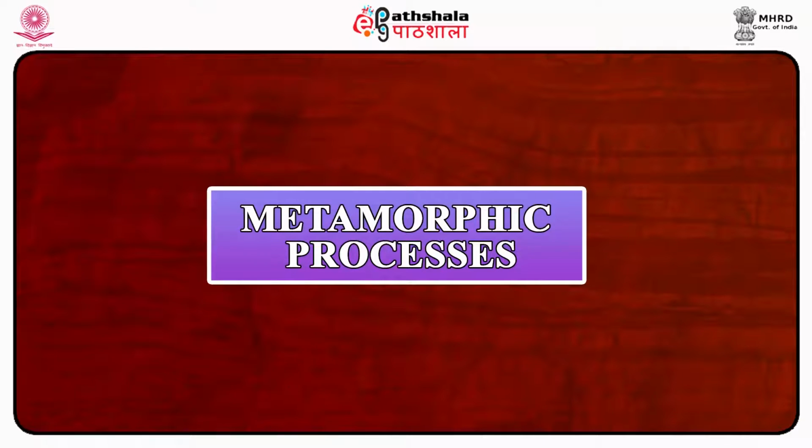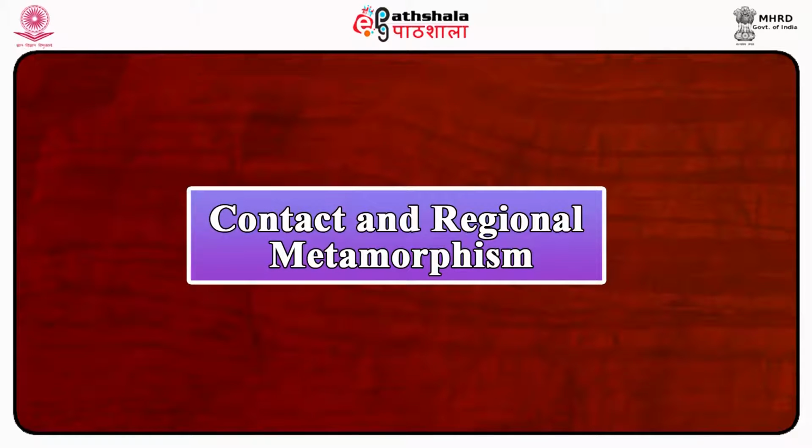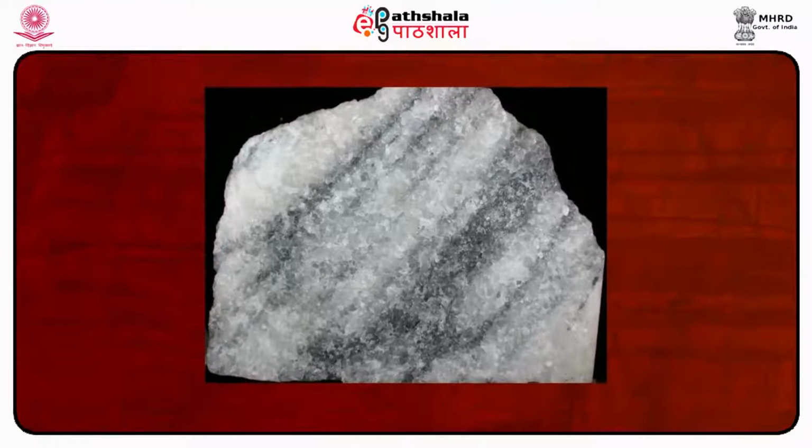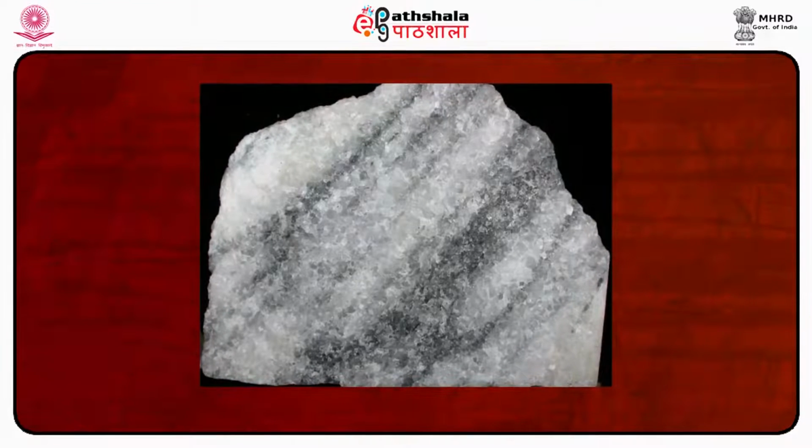Metamorphic processes, contact and regional metamorphism. Isochemical metamorphism of many rocks can produce materials having an industrial use. An obvious example is marble, which may be produced by either contact or regional metamorphism of pure and impure limestones and dolomites.